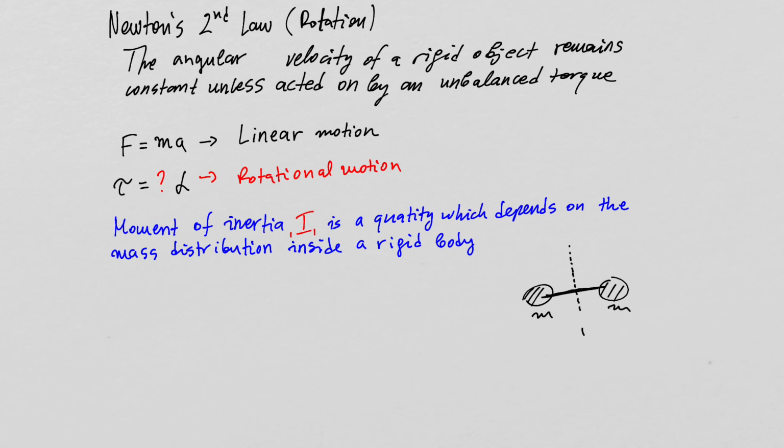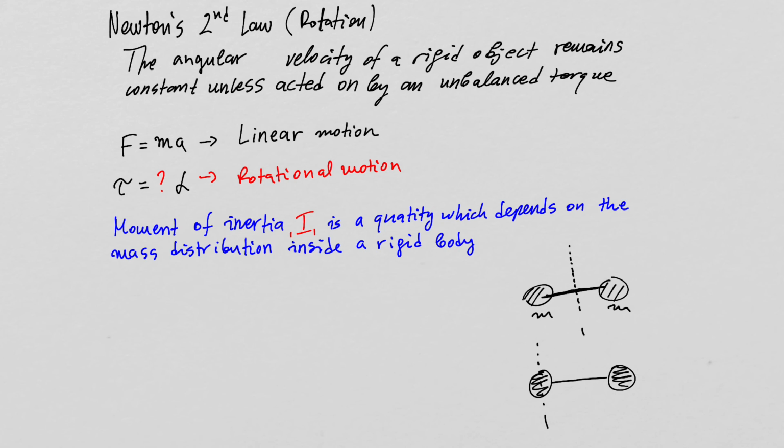If I look at the same dumbbell, but now I select my axis of rotation to pass through one of the two masses, then you can see, and this is intuitive, that the mass distribution here will be different, and so this dumbbell in that second example will rotate differently compared to the dumbbell in the first example. This is only due to the fact that the moment of inertia is different for this selection of axis of rotation versus this selection of axis of rotation.